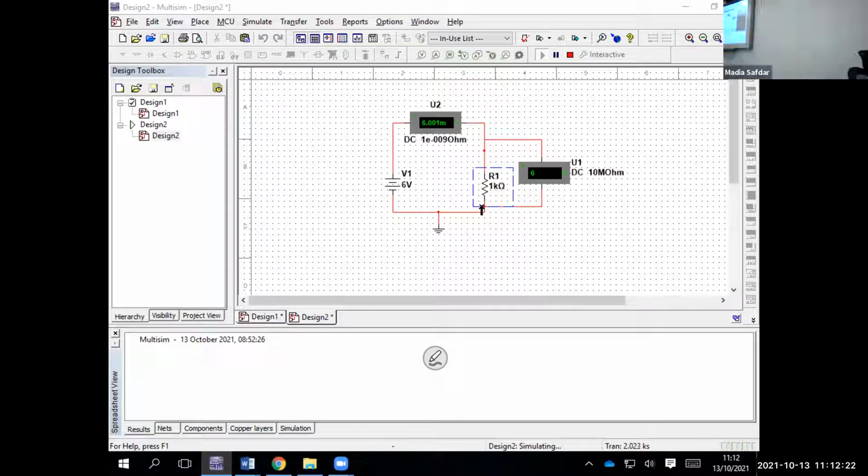Yeah, but now the resistor is 1 kilo ohm.